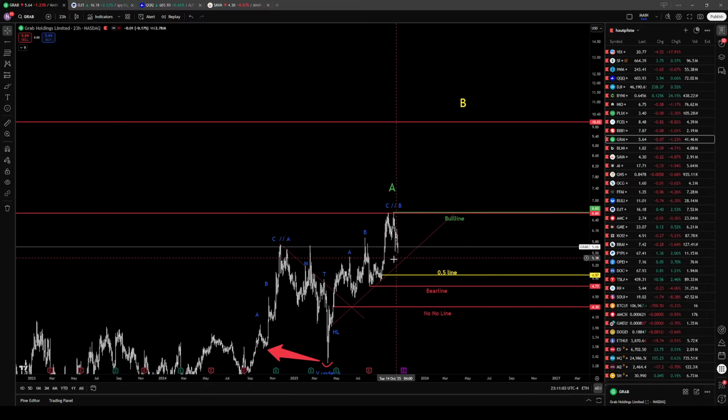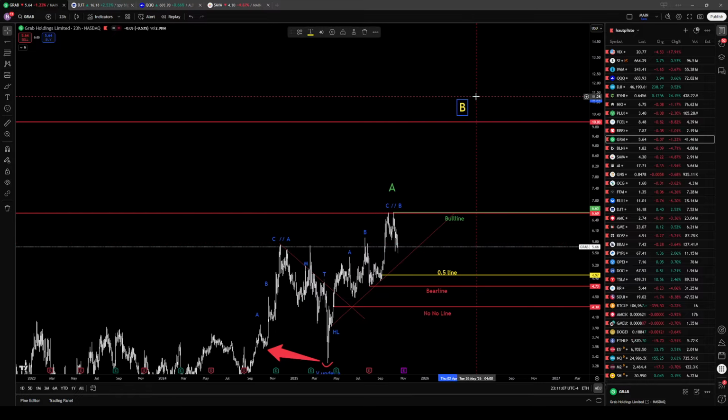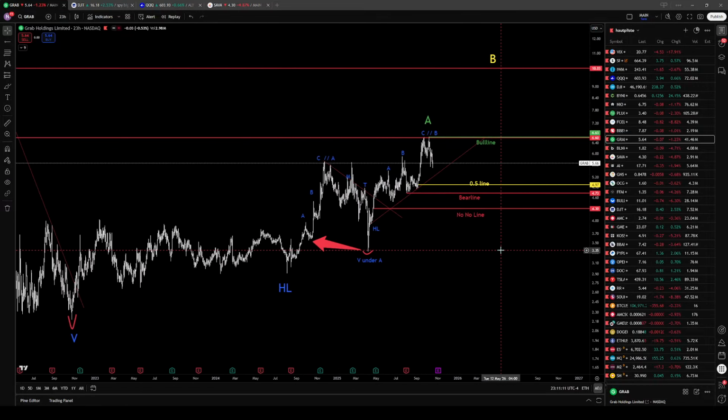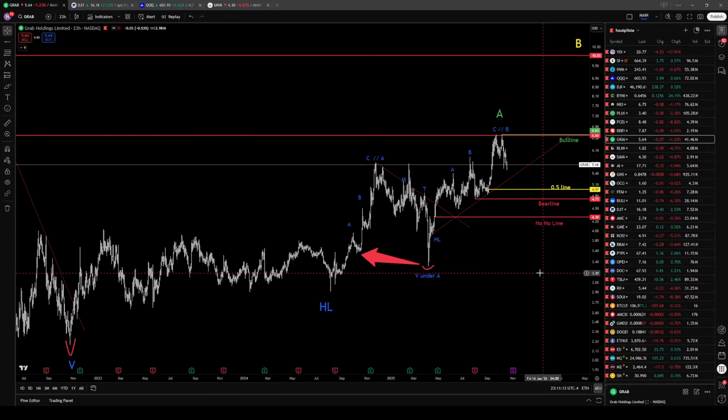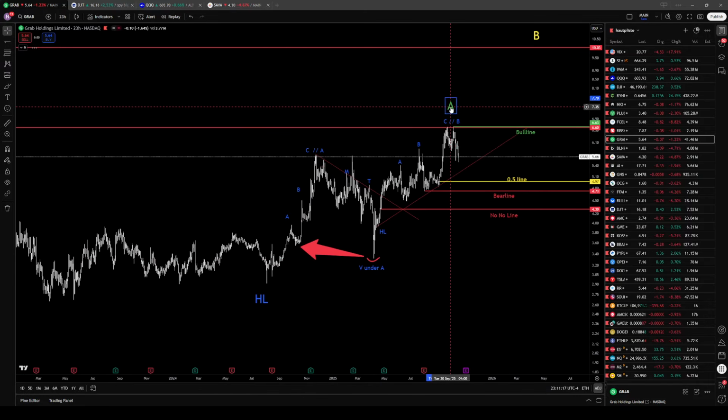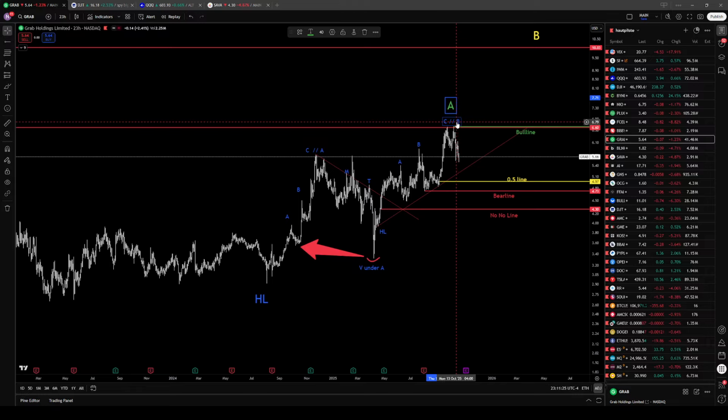If the pullback is finished, the next target would be between $9 and $11 for a B peak, and then whatever is C. Now we go into the little tracking. So for the big tracking, this is our big A. For the middle tracking, this is our middle B. And for the small tracking, this is our little c.